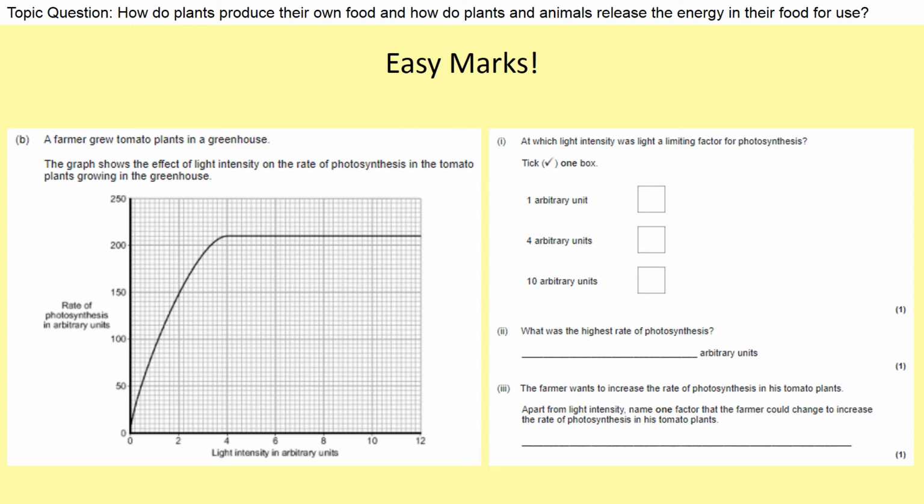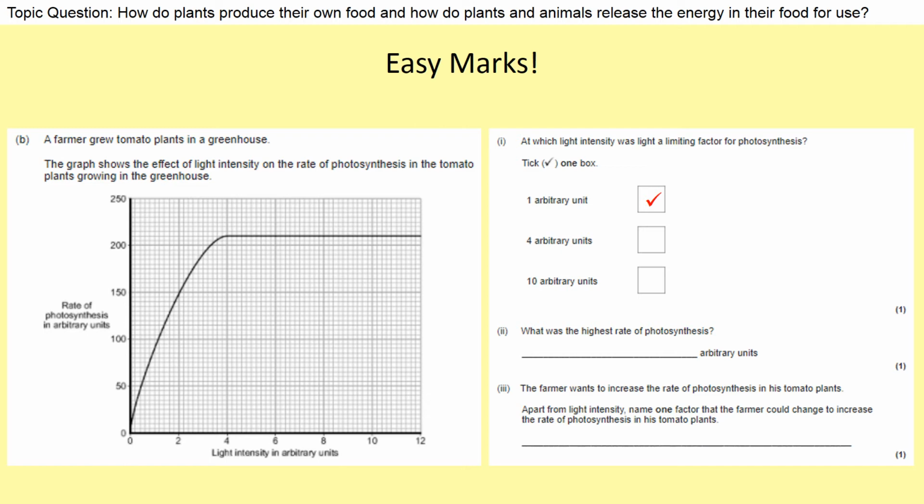So anywhere between 0 and just before 4 arbitrary units, we could see that the more light there was, the more photosynthesis there was. So light must have been a limiting factor. Above that value, the level of photosynthesis stays the same, so that's where it must have been limited by other factors. So the correct answer for part 1 was 1 arbitrary unit.